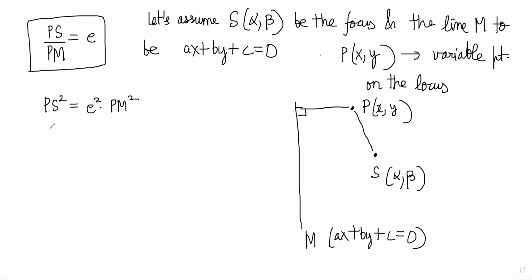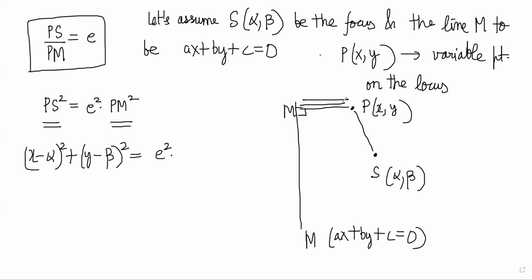Now, because PS square is equal to this, we can find out PS square by distance formula. It comes out to be X minus alpha whole square plus Y minus beta whole square is equal to E square. And we can find out this PM square also, which is the perpendicular distance from P to the line.